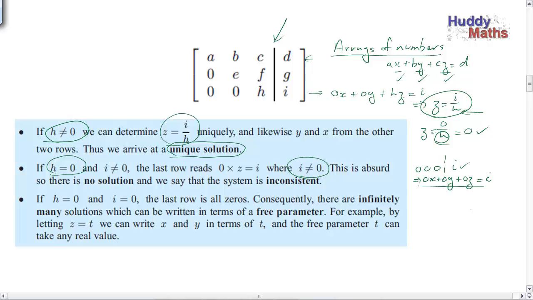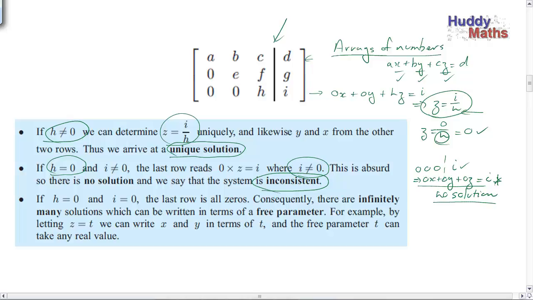We call the system inconsistent. That bottom equation is not consistent with a solution. So there are no possible values here because the set of equations is inconsistent. There's no x, y and z that can satisfy this.